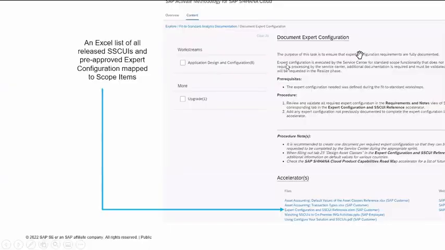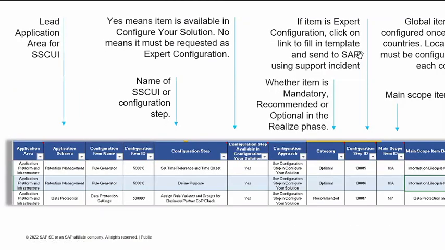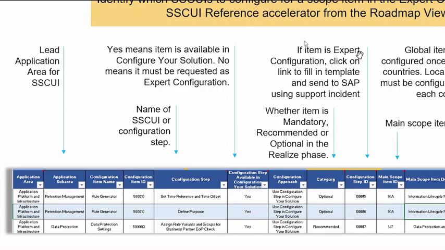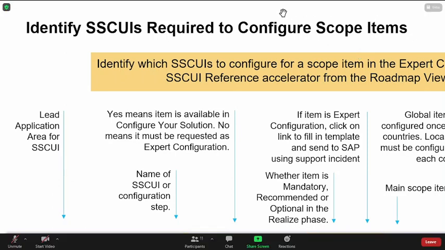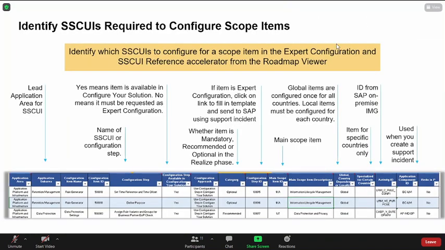Okay. Here for your information, I have some slides where I explain this Excel, where you can indeed find the corresponding SSCUIs, so configuration UIs for a specific scope item, whether you can check whether it is mandatory or not, etc. And again, this is regularly updated.